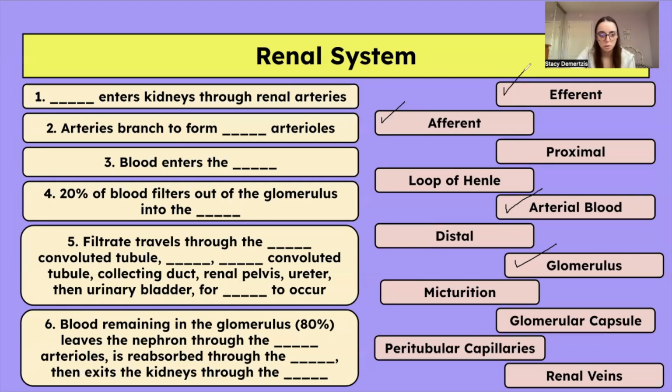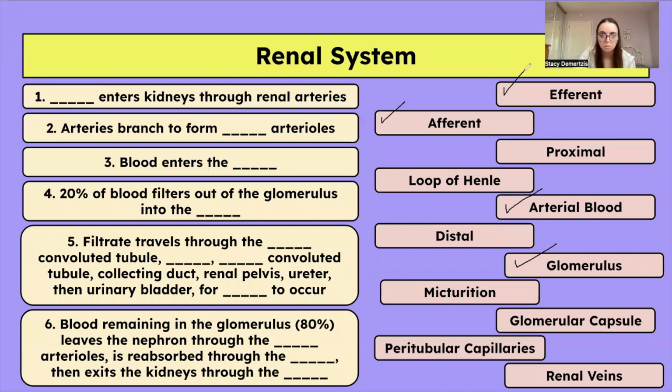So now we've got this filtrate, and it's going to travel through the rest of the nephron, through the tubules, but there's a specific order. Which is the first tubule that it travels through? Right after the glomerular capsule, this filtrate that we want to excrete and turn into urine.